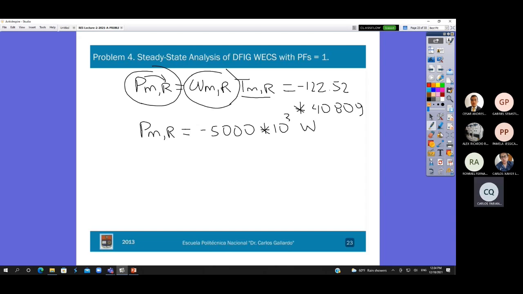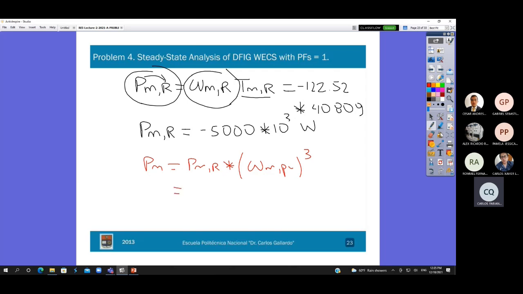In order to estimate the new power, I will say the mechanical power using the speed ratio. The mechanical power is equal to the rated mechanical power times the speed ratio, in this case the per unit value. I copy here the per unit value because I am selecting the rated value equal to the base, but in this case it is cubed, it is proportional to the cube.